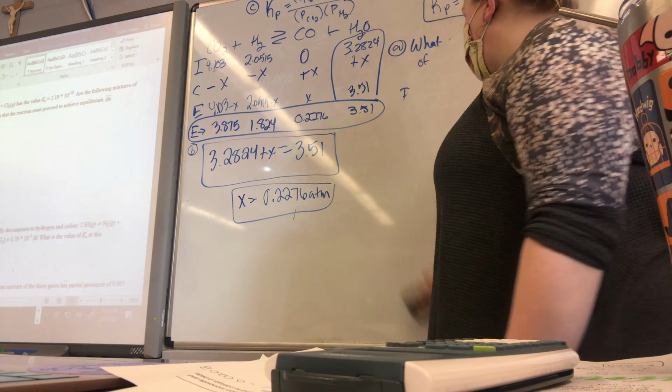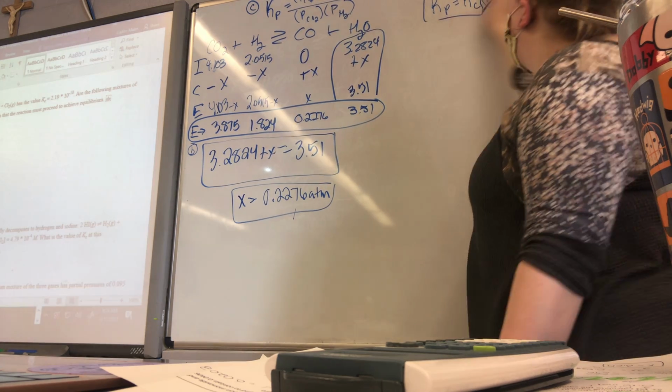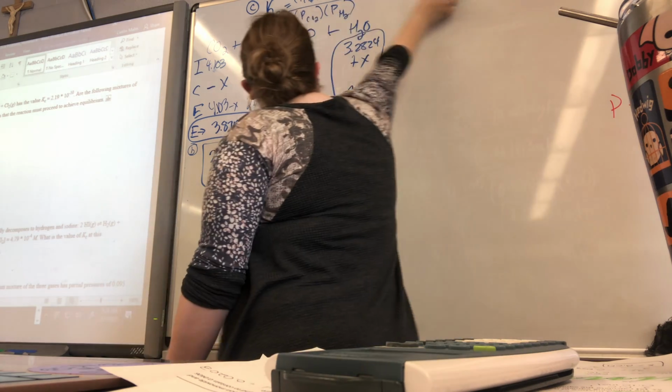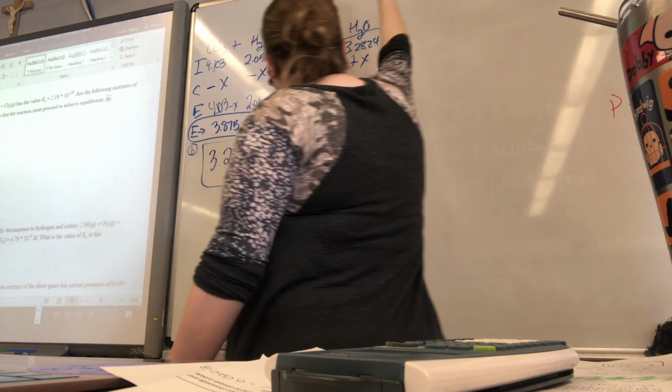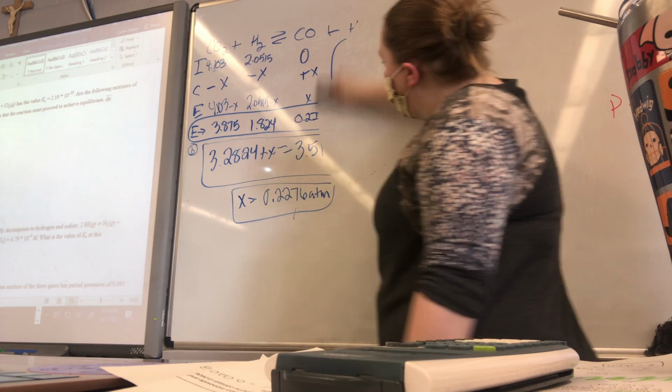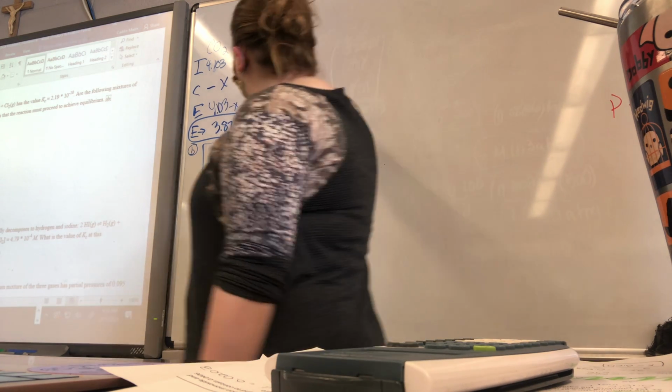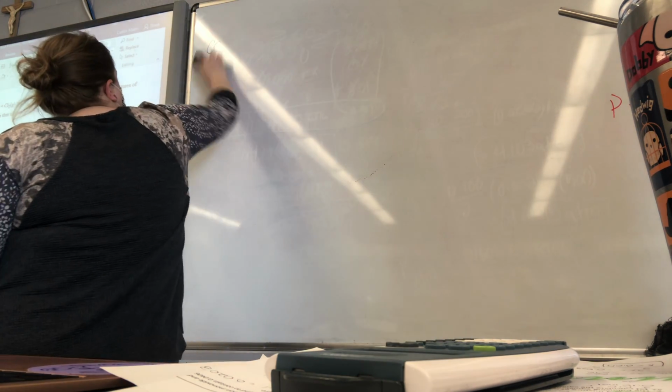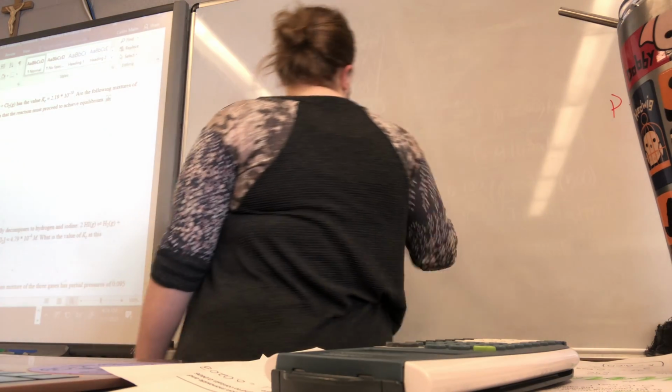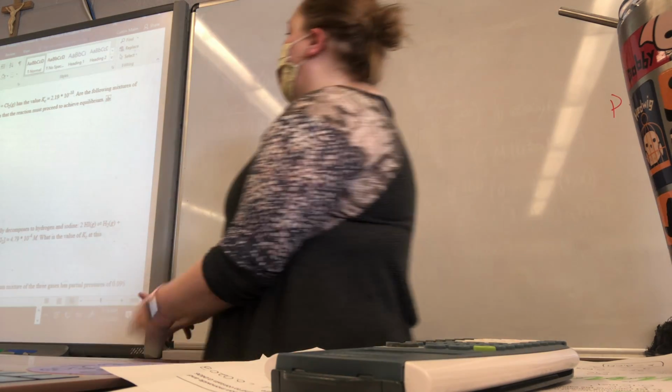For all of the different equilibrium problems, please make sure you start them all the same way with an expression and an ICE table. ICE tables are your friend. You will be using them a lot. Not just this chapter, the next 2 chapters as well.